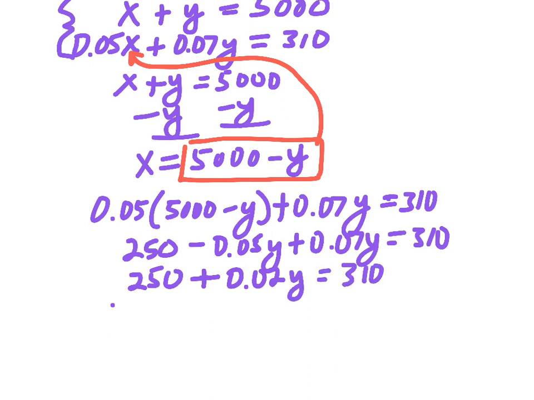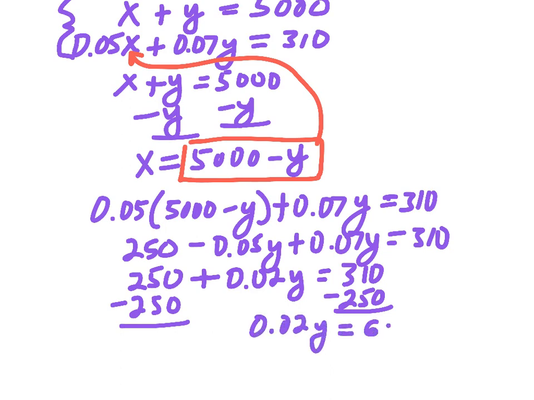I'm going to subtract 250. And I got 0.02y equals 60. Now remember that 0.02 is 2 100ths or 1/50th.